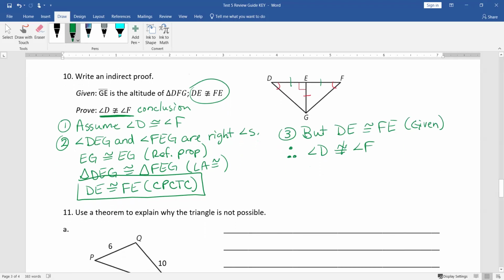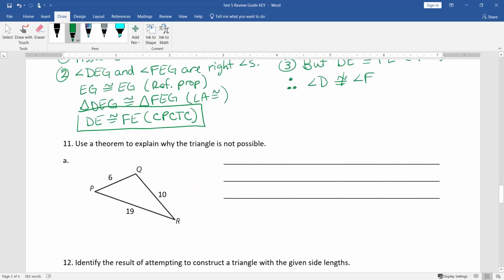All right, staying with sides. This probably also has to do with 5.5.